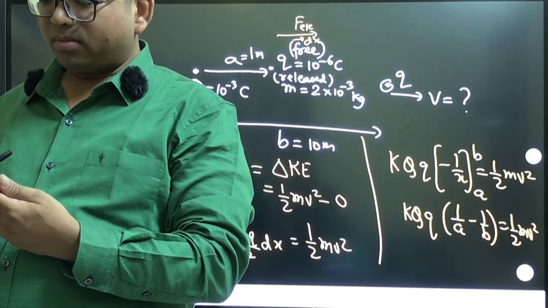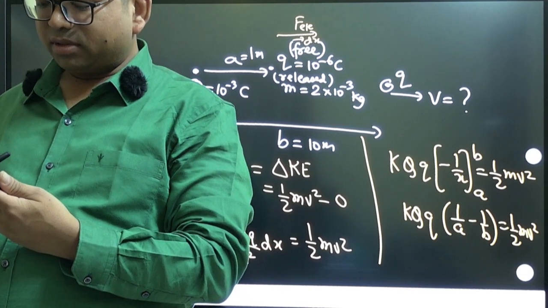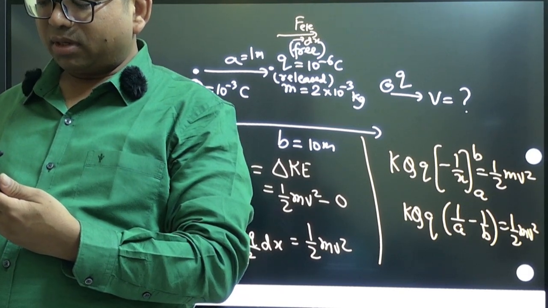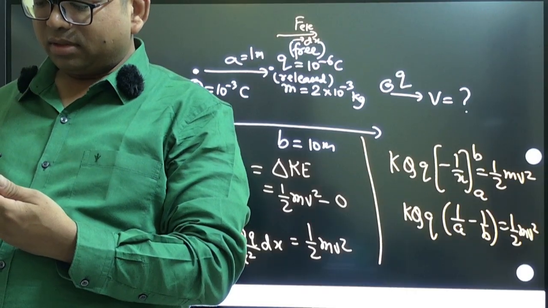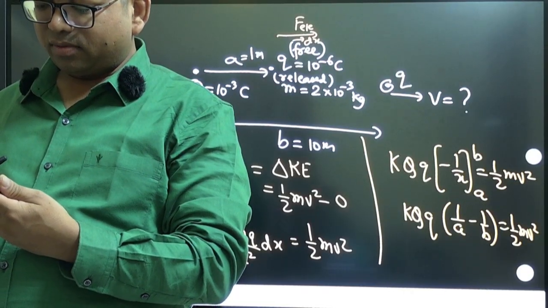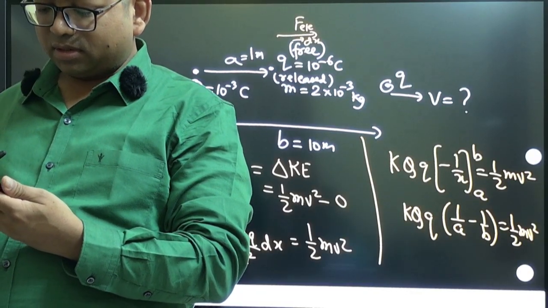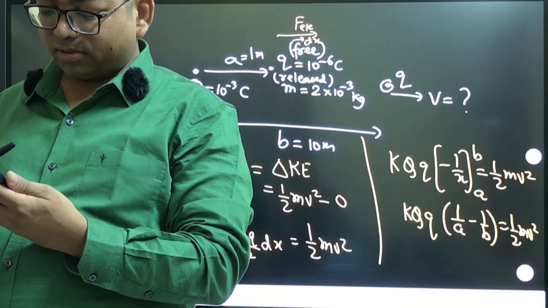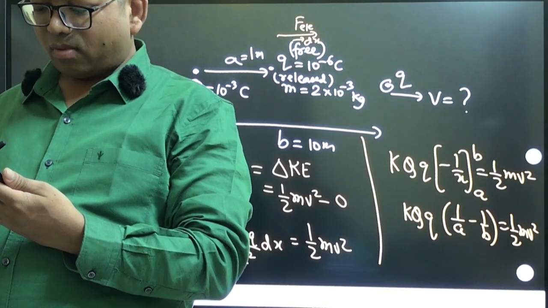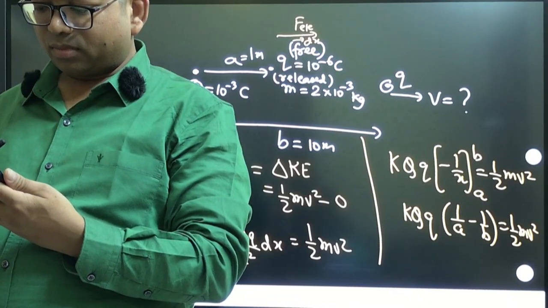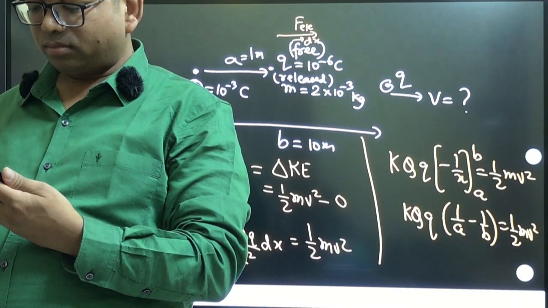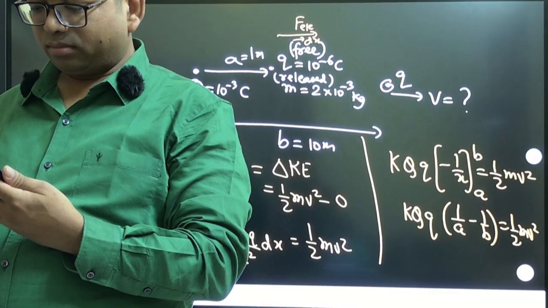Before that, uniformly charged ring, we discussed the electric field, and the maximum potential we also calculated, right? Then for the uniformly charged disk, we calculated the field, then the potential also.